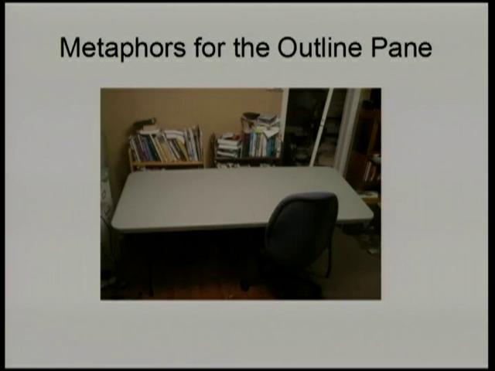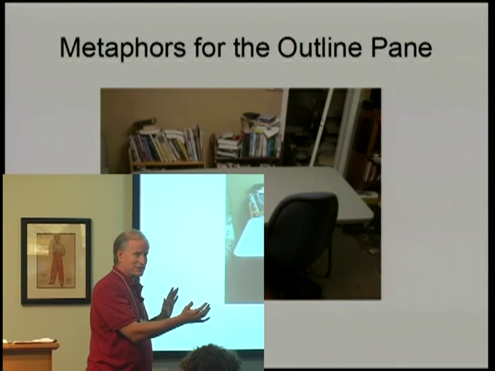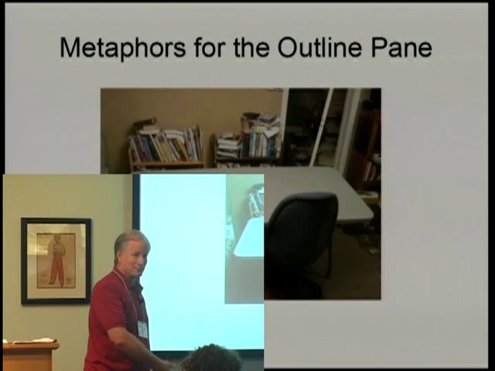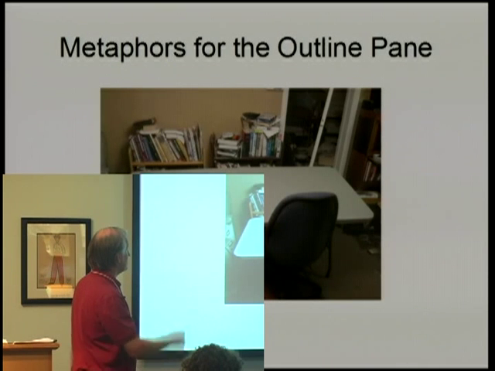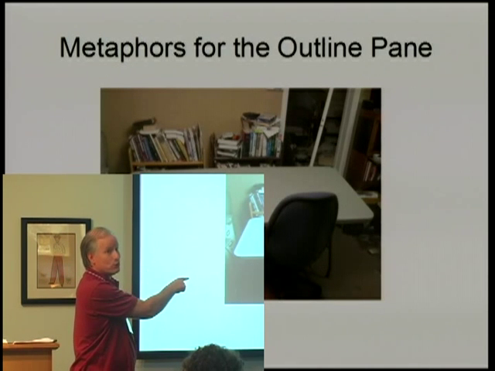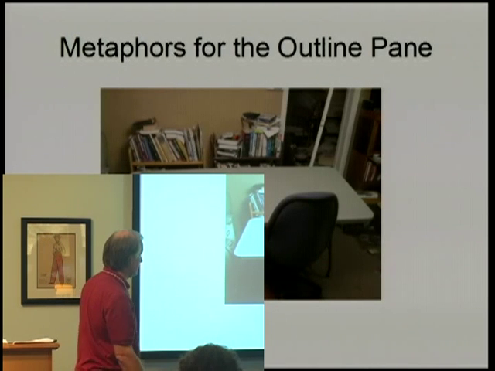Okay, the metaphor for me for that rectangle is a table, a chair, maybe even a programmer, because one of the things you can do with Leo is you can assign different parts, map out what somebody's responsible for at a higher level, and then let them go off and code it. So, it might not be you who's filling that chair to write code sometimes. It could be other people.